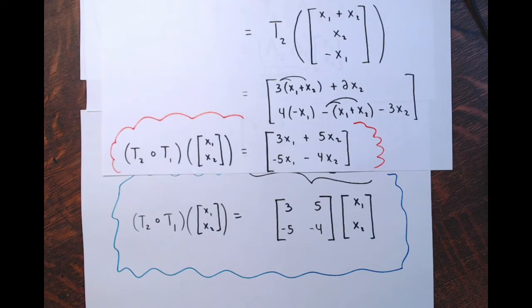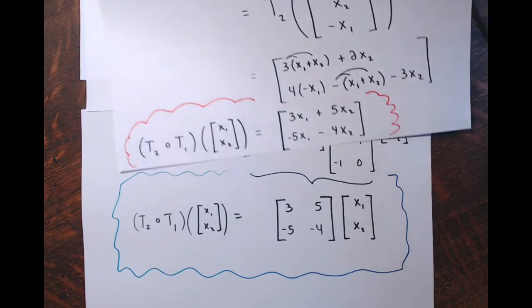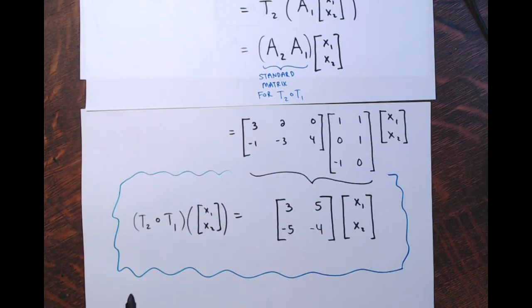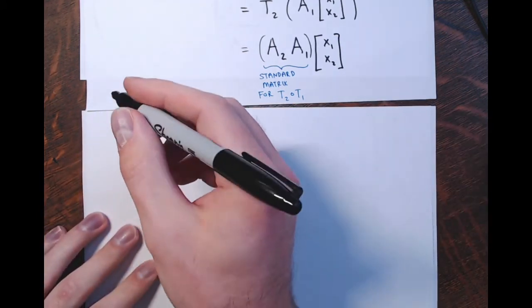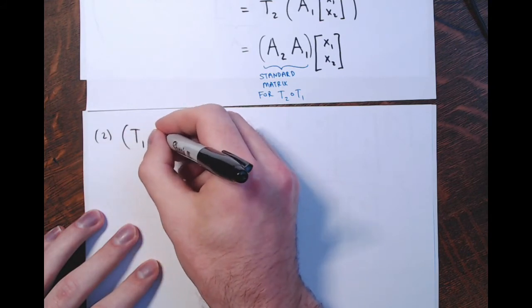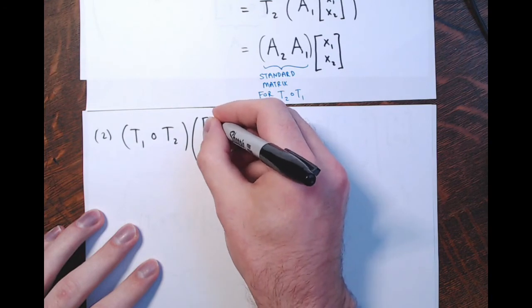All right. And it's really that simple, and I feel like this is a quicker way to do composition. So if I was composing in the other order, I'm just going to multiply those matrices in the other order. It's really that easy. So for the second one, if I did want T1 composed with T2, again the input will be a vector with 3 components.